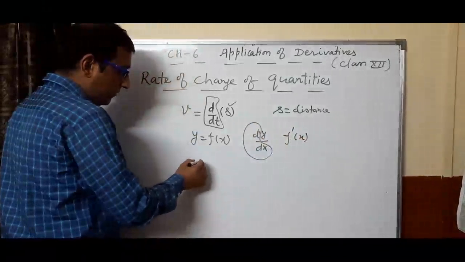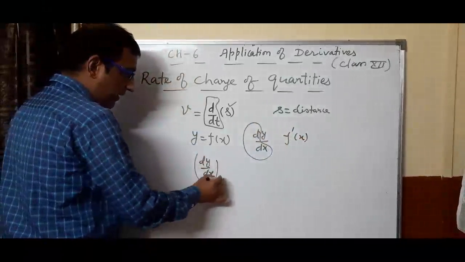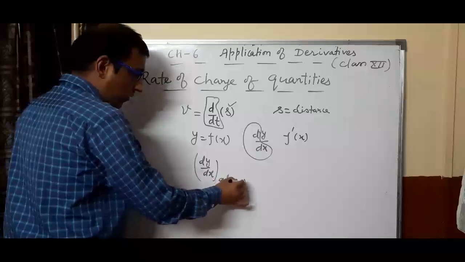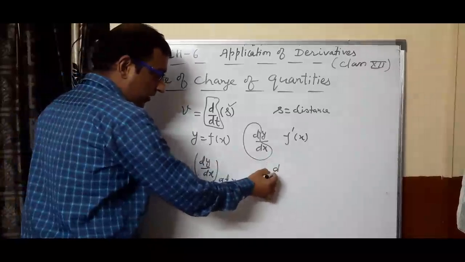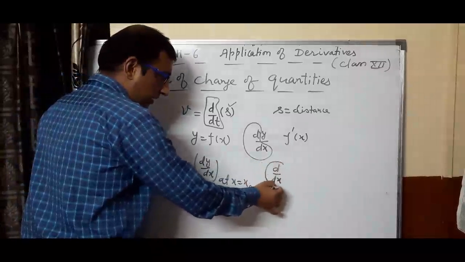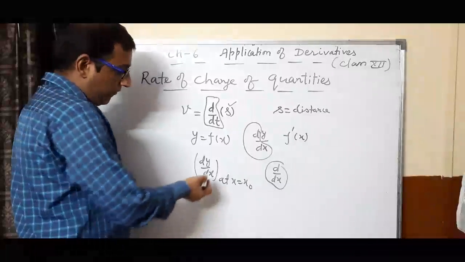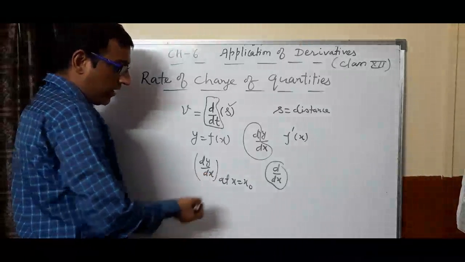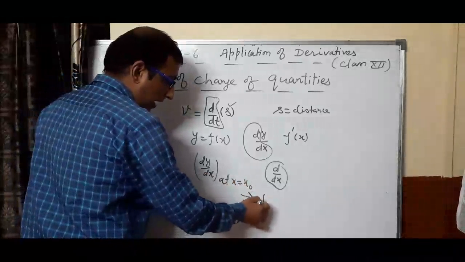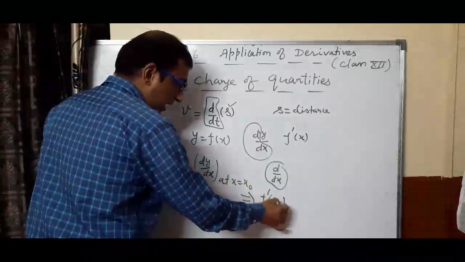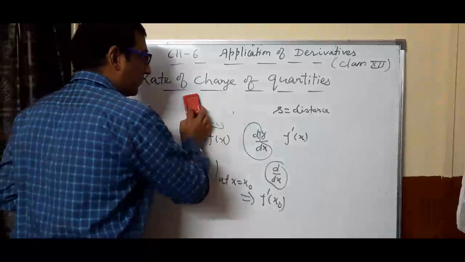If I am saying dy by dx at x equals x0, it means the rate of change in variable y with respect to variable x at x equals x0, and it can also be denoted by f dash x0.